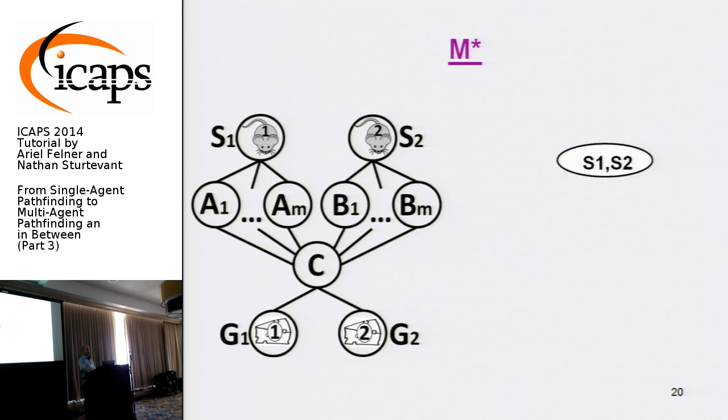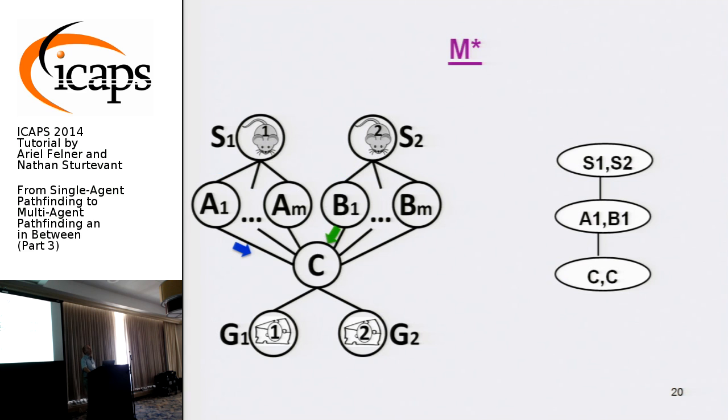What M star does is it goes like this. I will only move each agent to one location as long as I'm good, moving towards the goal. So the branching factor at the root here is only 1, although it has m squared different children, all the combinations between the A nodes and the B nodes. I'm going again, and there is a conflict.